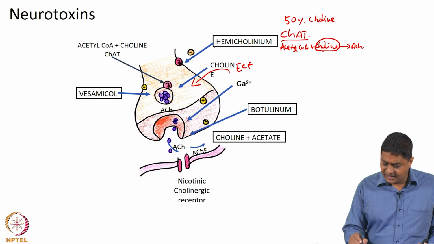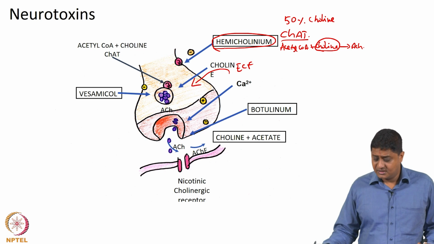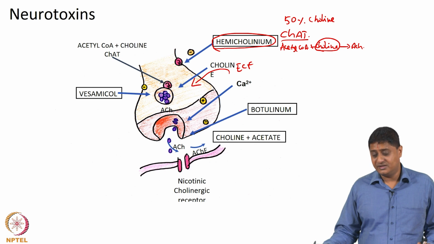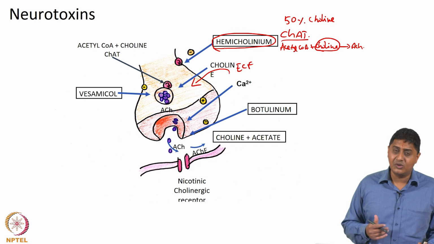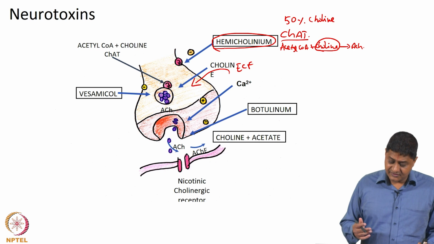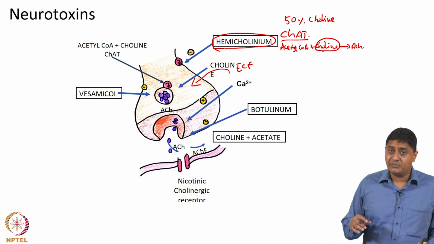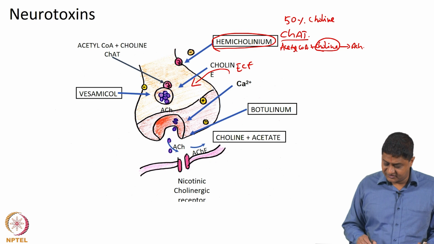That action is caused by the toxin hemicholinium. Hemicholinium blocks the choline reuptake system from reuptaking choline. This leads to a situation where choline cannot enter the system, and only whatever choline is already present in the presynaptic terminal can be used. But after some time all the choline will be taken by choline acetyltransferase to make acetylcholine, and all the acetylcholine will be released into the synaptic cleft.